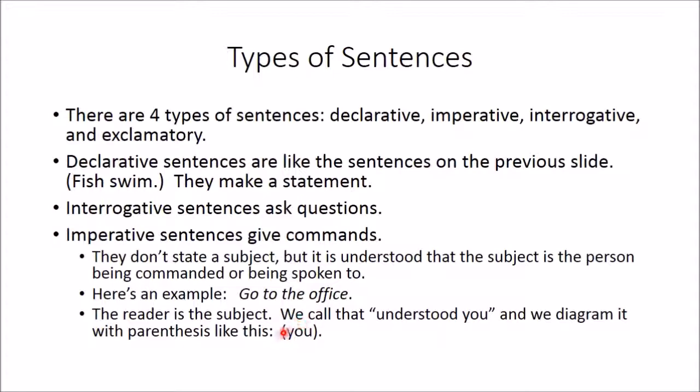That's called understood you. Understood you is the subject in a sentence like go to the office. The command, if you were to see that on a piece of paper, you would know that that command is referring to you. You are the one that should go to the office.